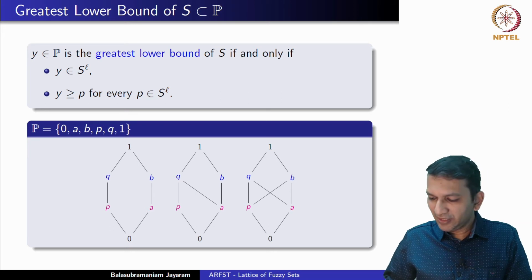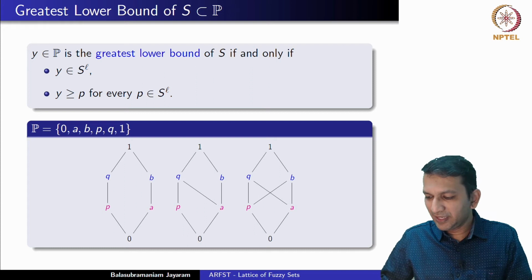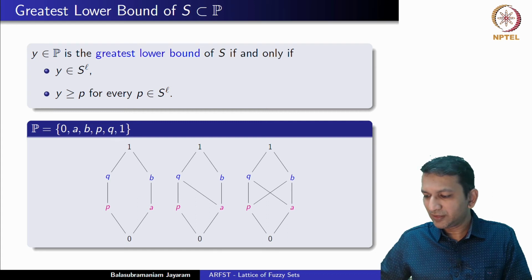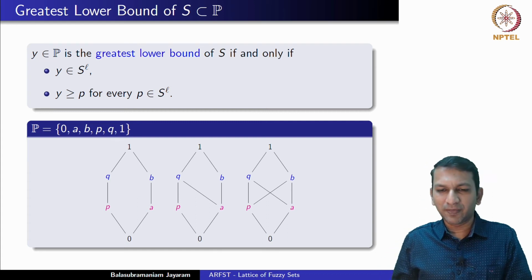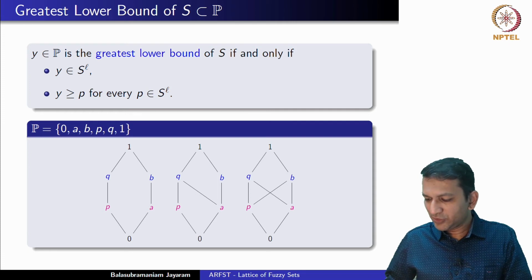We have seen that if we consider S as {P, A}, then S^L with respect to the first ordering is actually only 0. S^L with respect to the second ordering is also 0, and so is the case with the third order.